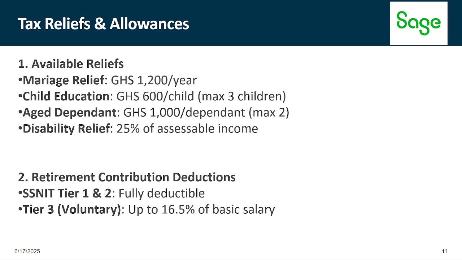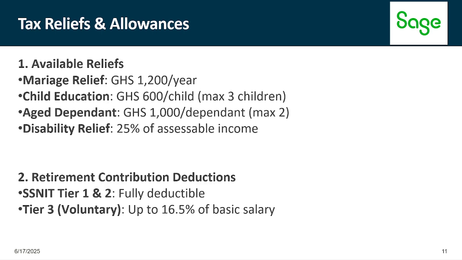Retirement contribution deductions: SSNIT Tier 1 and Tier 2 are fully deductible. Tier 3 is limited to 16.5% of your basic salary. What does it mean? Your employer is deducting 5.5% of your earnings for SSNIT contribution. It's fully deductible. We have to deduct it before arriving at the amount we have to tax.